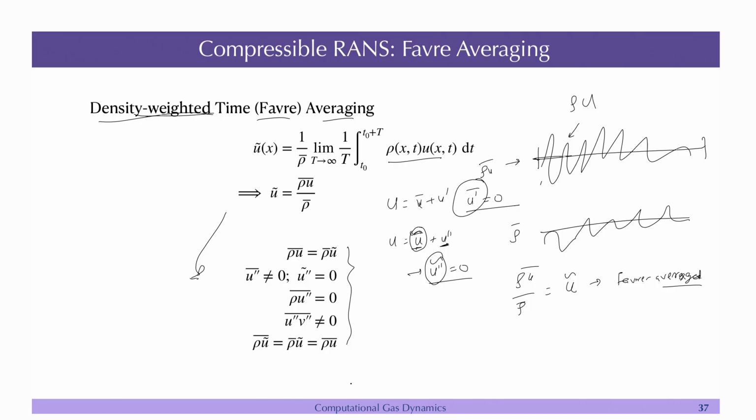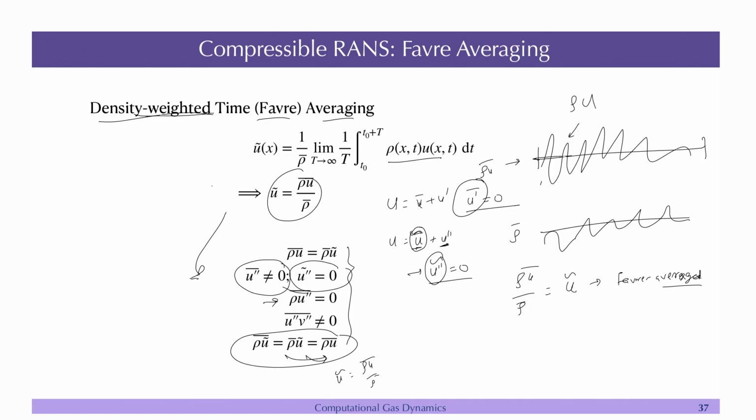Okay. And then there are some rules you can take a look at here. For example, this comes from the same argument: rho u double prime bar equal to 0, u prime tilde equal to 0, u double prime tilde equal to 0, but u double prime bar is not equal to 0, and there are some other things you can derive. So, this is directly because u tilde is equal to rho u bar by rho bar. So, this is directly coming from there.